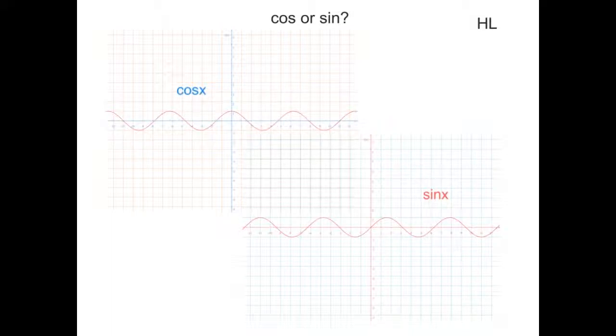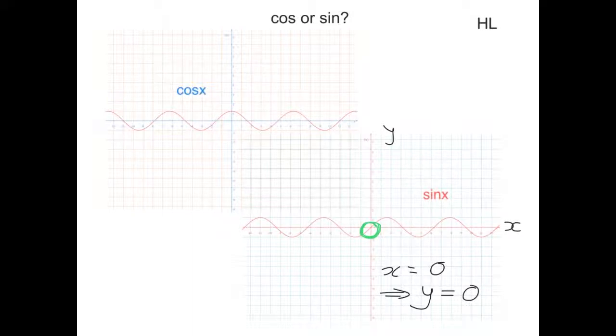And the difference is that if we look at this graph of sine x down here, we see that sine will always pass through the point 0, 0. So when our x is 0, that means we're going to get y is 0 for sine x.